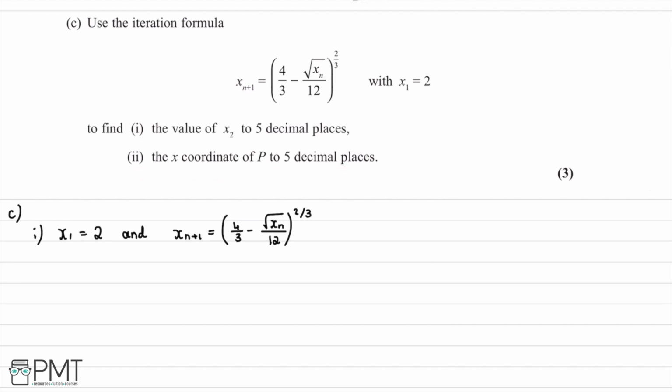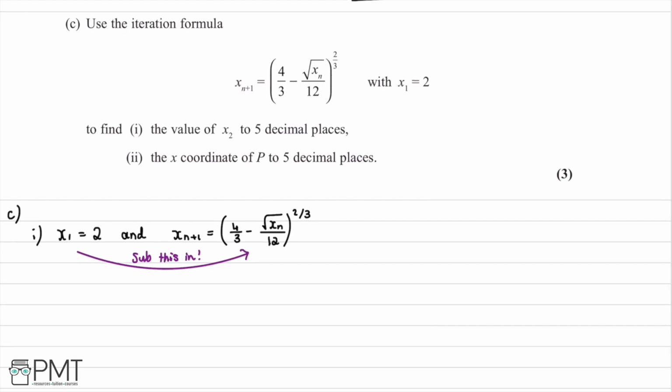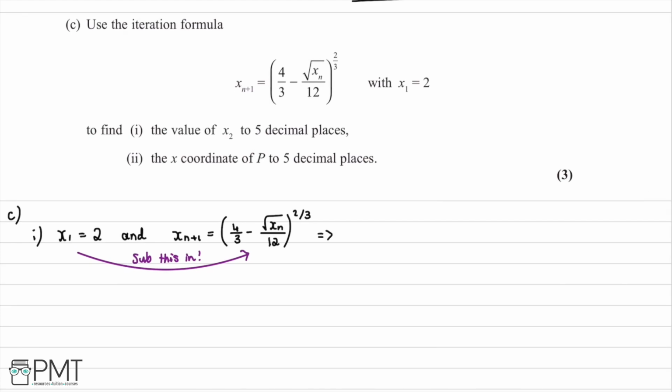So to find x2, what we can do is use the value of x1 that we're given and substitute it into this formula here. So I'll just draw an arrow here just to highlight what we're going to do. So we're going to sub this in. So therefore, we can say that x2 is going to be equal to 4 over 3, then we're going to subtract the square root of x1 over 12, and then we take all of that and put it to the power of 2 over 3.